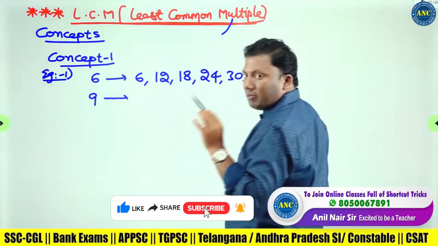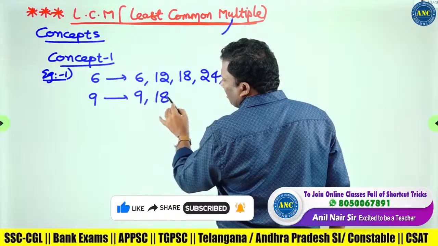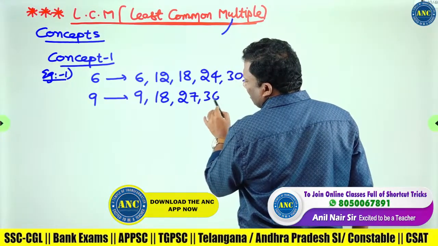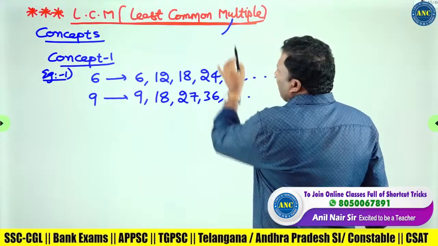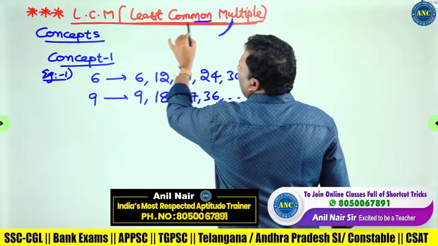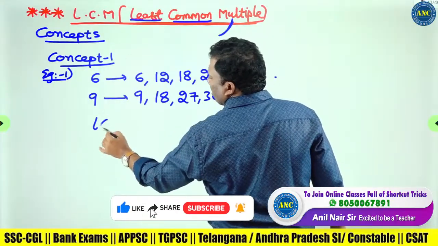Next, write down the multiples of 9. 9 ones are 9. 9 twos are 18. 9 threes are 27. 9 fours are 36. And so on. Read this word. First, I wrote all multiples. Then take the common multiple. Least is smallest.